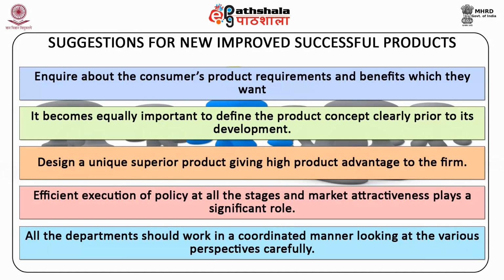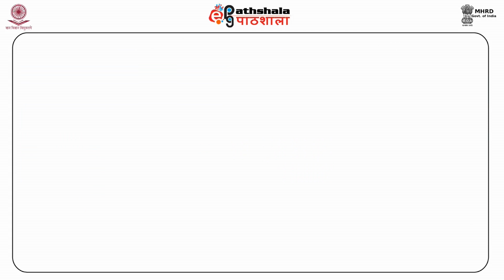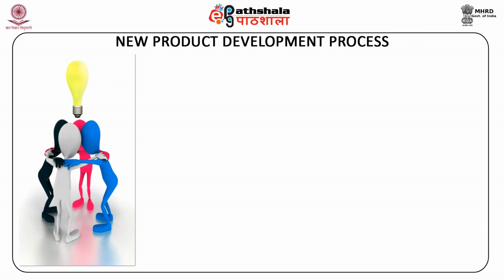All the departments should work in a coordinated manner, looking at the various perspectives carefully. So, it can be safely concluded that developing a new product calls for integrated effort on the part of the management. Next, we will discuss the new product development process.